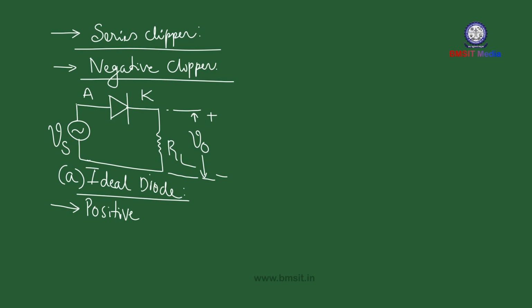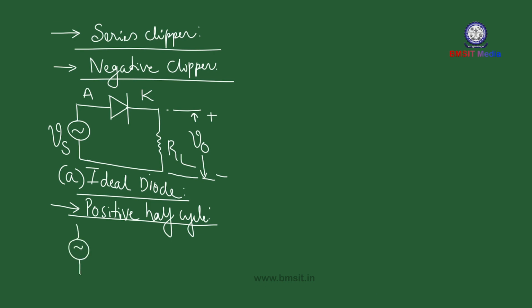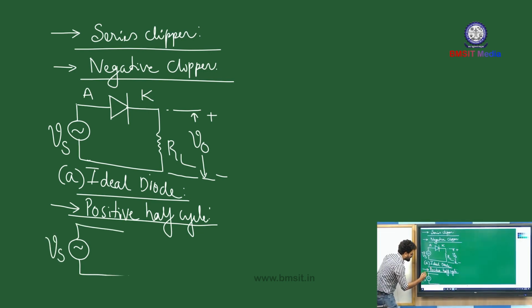What will happen during the positive half cycle of the input? For the positive half cycle, let us put the polarity for the source in this manner. So this is your source voltage. Let us consider the upper side at higher potential, and the lower side of the source has the minus terminal.